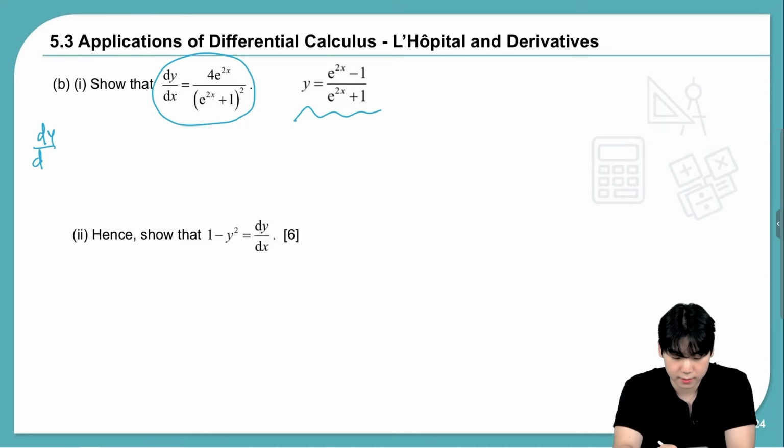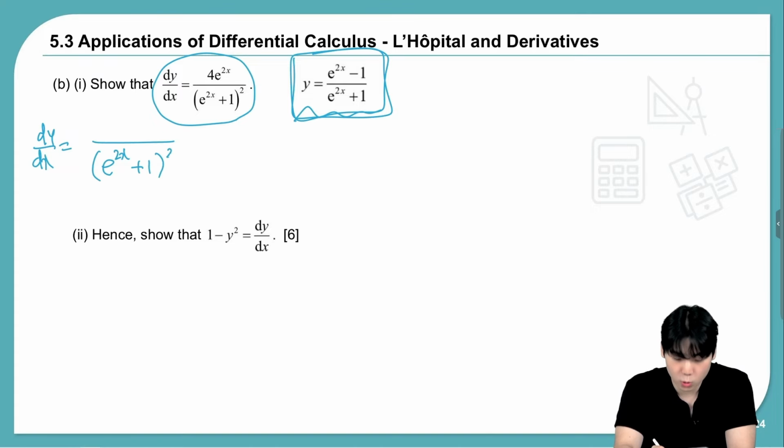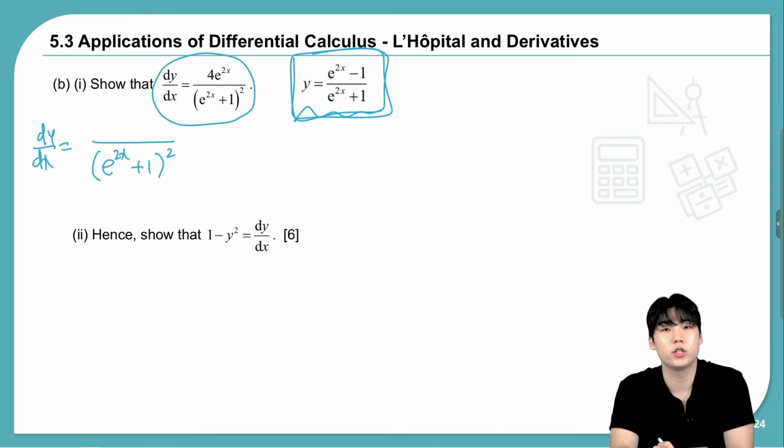So dy/dx, using this equation, then I have (e^2x plus 1) squared, that's the quotient rule. And I have to differentiate the top first. Then I have 2e^2x multiplied by e^2x plus 1.